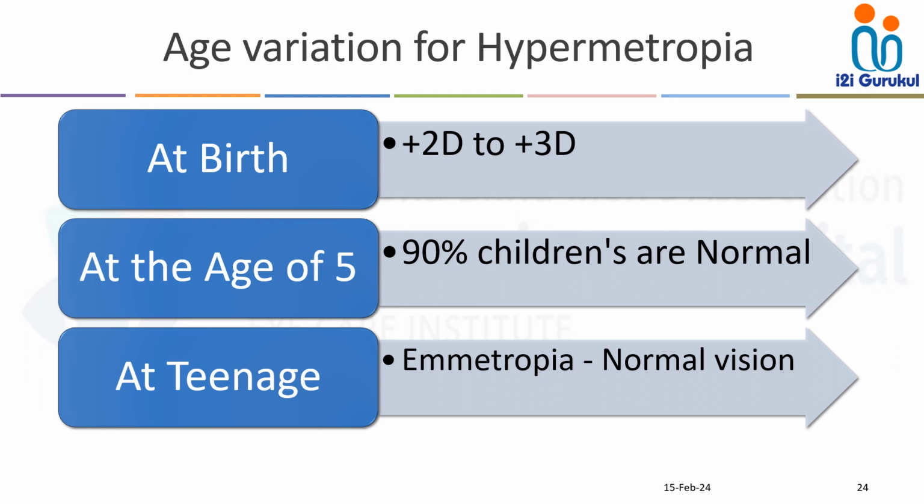At the age of 5 years, 90% of children become normal, because as the age grows, the eyeball length changes. That means the eye develops, so the axial length will increase. At teenage, it is almost emmetropia, normal vision. So these are the variations according to growing age.